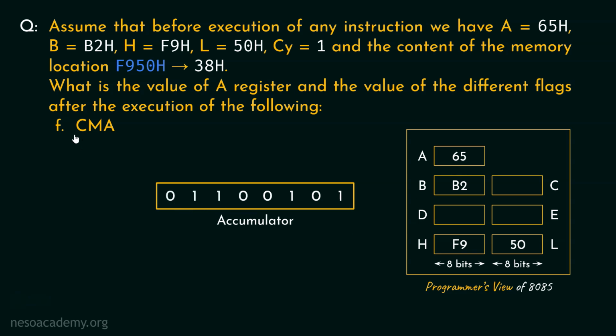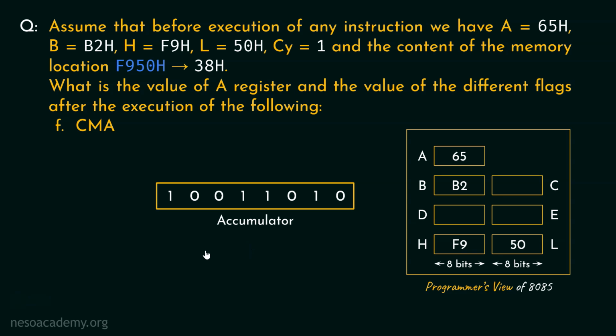Execution of this instruction CMA will complement the contents of the accumulator. Let's focus on the least significant nibble at first. 0101, if complemented, will become 1010. What about the most significant nibble? 0110. Complementing it, we will have the value 1001, right?